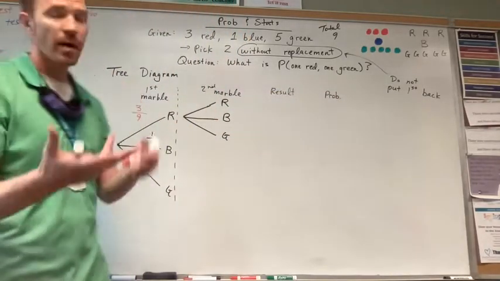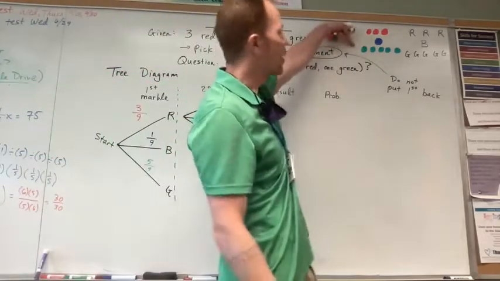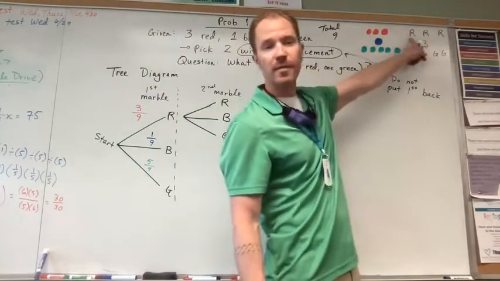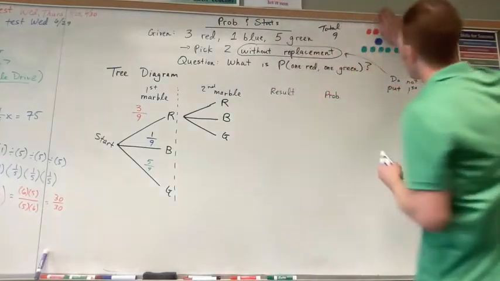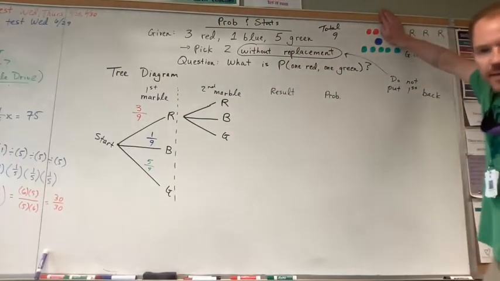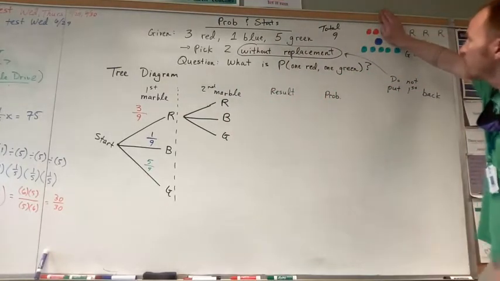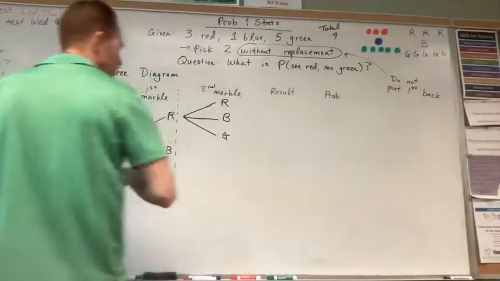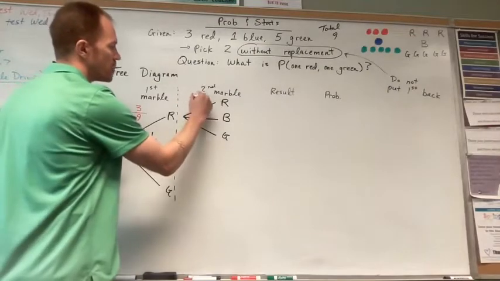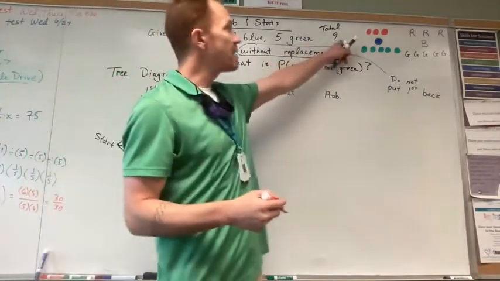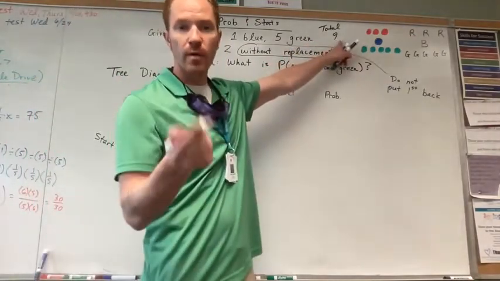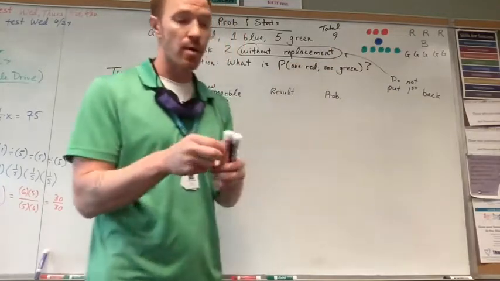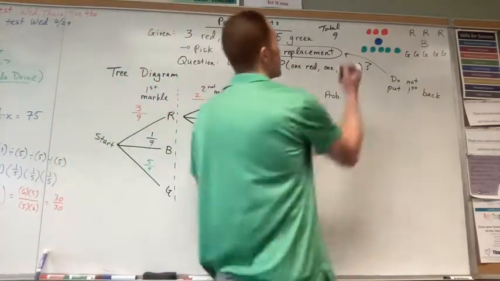And this is where you might want to help yourself out and either draw the colors or write the letters for the colors. But if I pick a red marble and I don't put it back, when I go to pick the second marble, there's only 2 red marbles now.